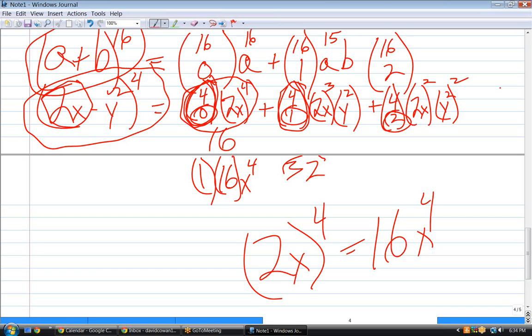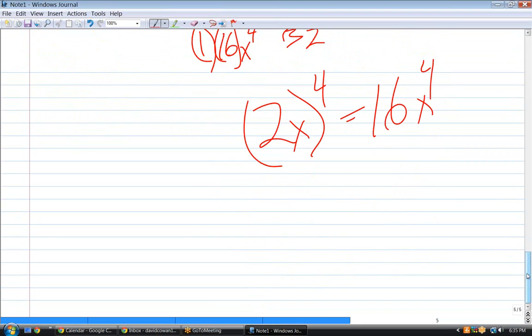I think that's all you really need to know about r, is that it counts from 0 to n. Okay. Do you have a specific problem that maybe we can do now that we've had the class on the binomial expansion?